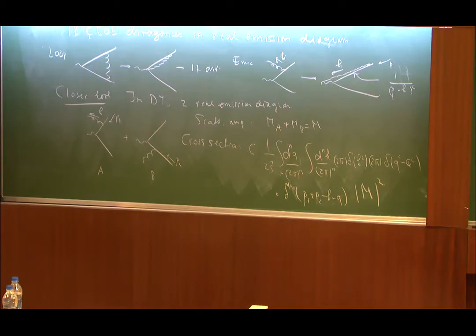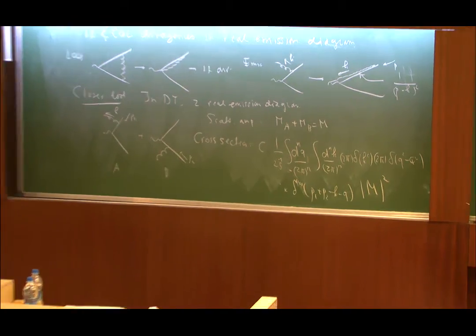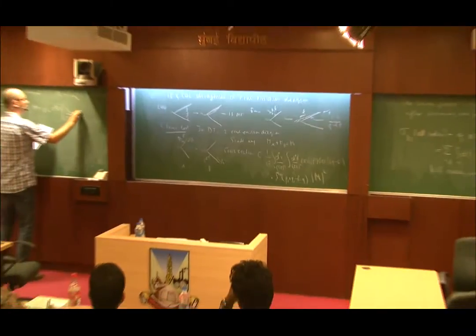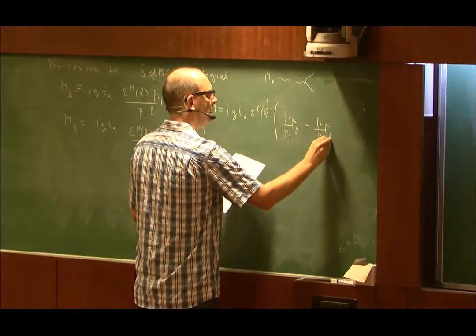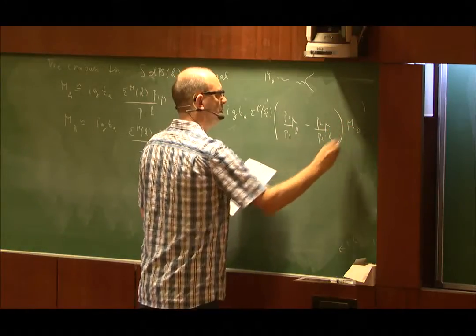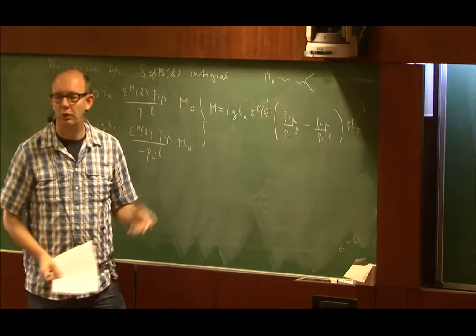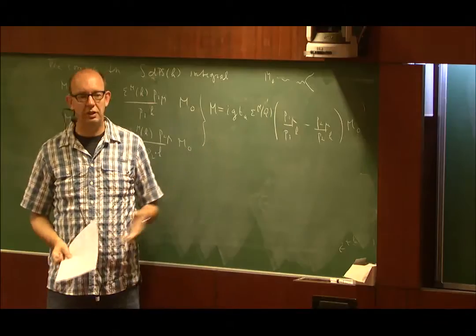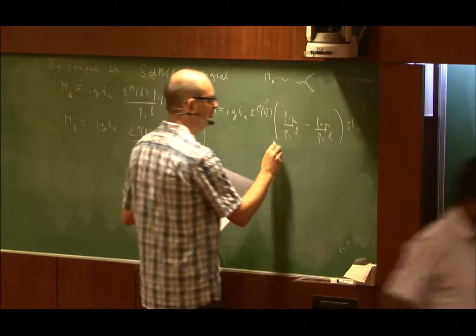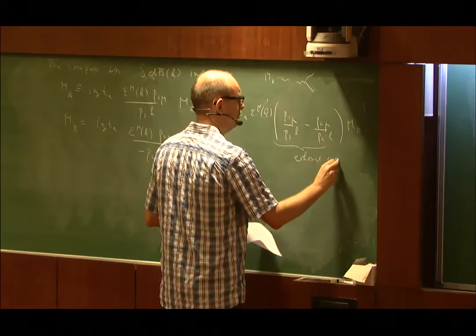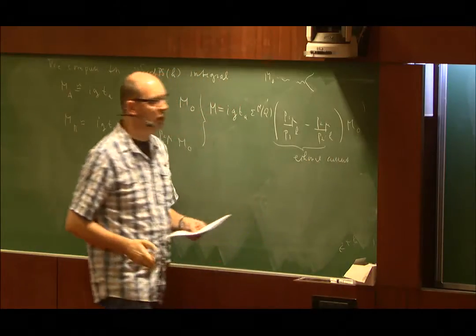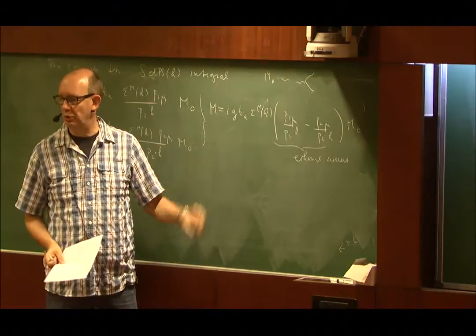Epsilon_mu of k, and then I have here p1^mu over p1 dot k minus p2^mu over p2 dot k, all this times M0. So this is called also the eikonal current. You see it often in texts. We won't be using this term too much.